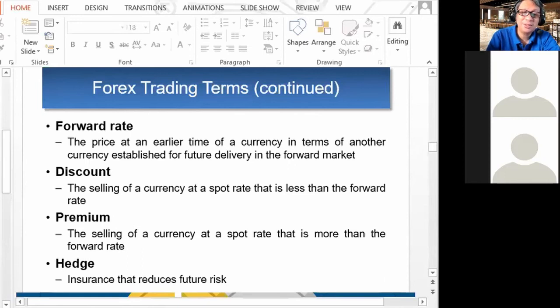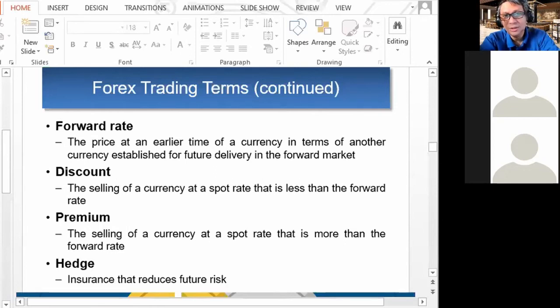Questions? Now, on the other hand, yung premium, it's the exact opposite. So you're selling the currency at a spot rate that is more than the future rate. So yung future rate mas mababa. Halimbawa, yung exchange rate ngayon, 45 pesos.